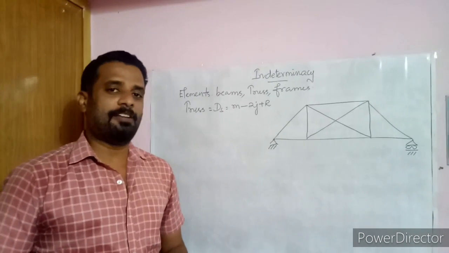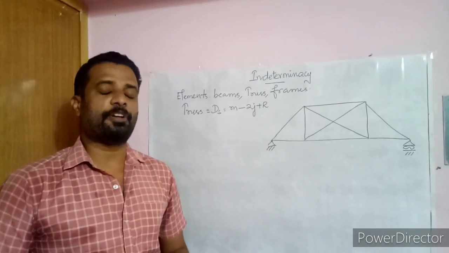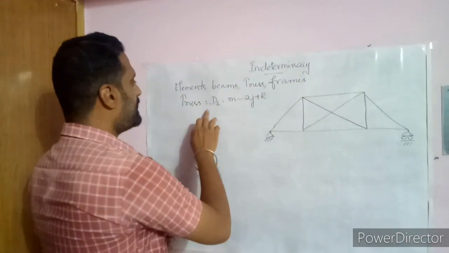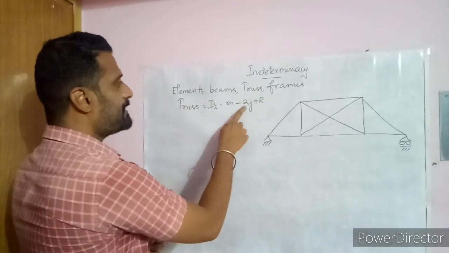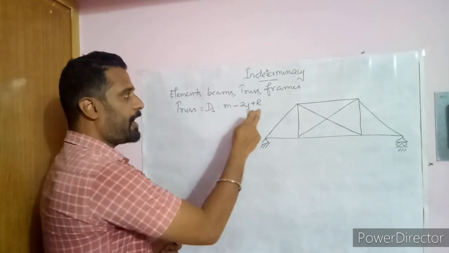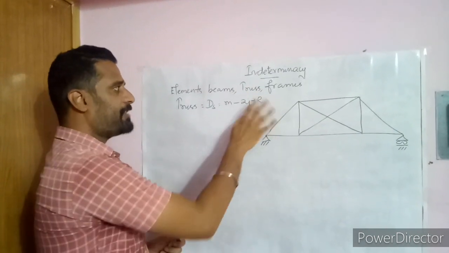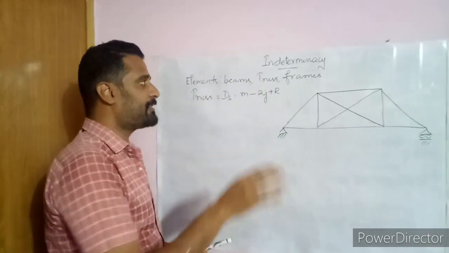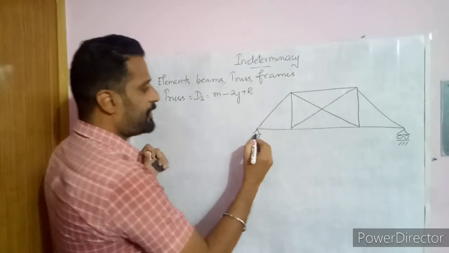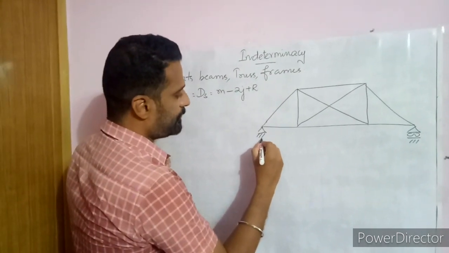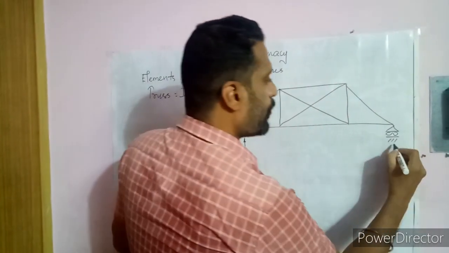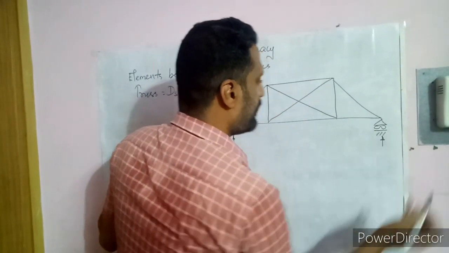So next we are going to calculate the degree of statical indeterminacy for a truss member. So this is a truss member, and for the degree of statical indeterminacy the formula is m minus 2j plus r, where m is the number of members, j is the number of joints and r is the reactions. As said earlier, the reaction calculation is common for all of them, either it may be beam, truss or frames. So we will calculate. It is a simply supported condition, which resists a vertical load and a horizontal load. This is a roller, so obviously it will resist only the vertical loads.